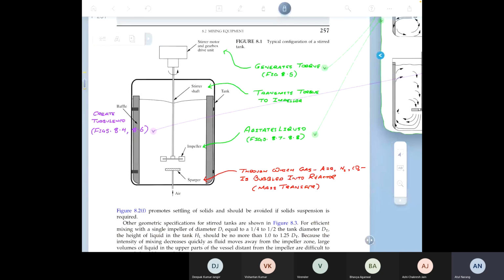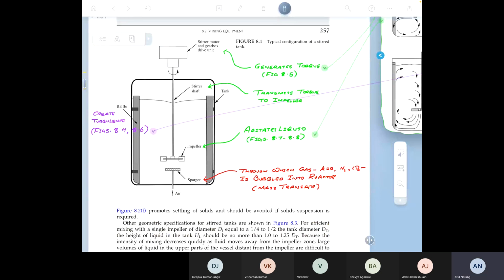They can be either radial flow impellers, or they can be axial flow impellers, typically downward flow. And different kinds are used depending on the type of liquid you have, whether you want to generate turbulence or whether you want to pump the liquid at high levels, because these two seem to be mutually exclusive.